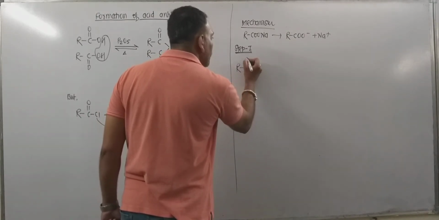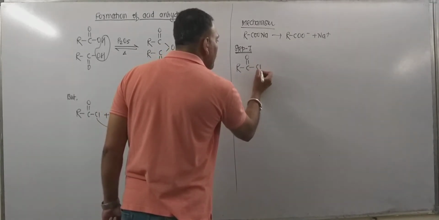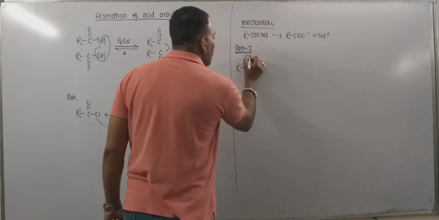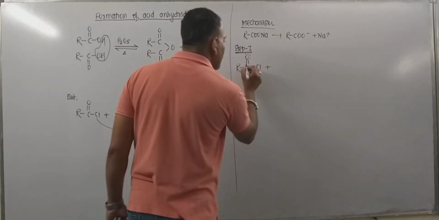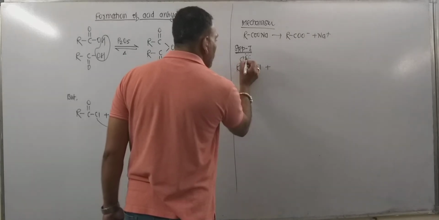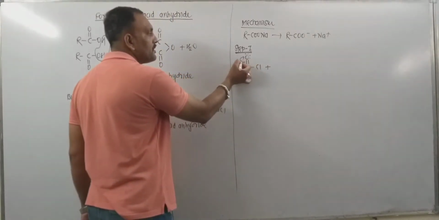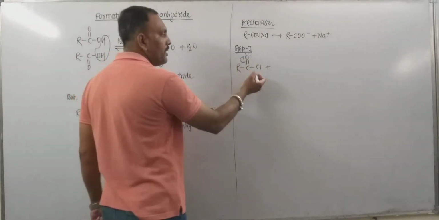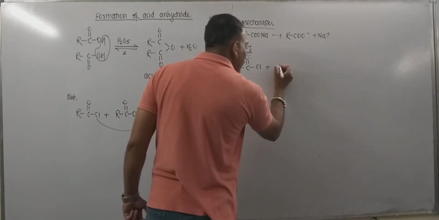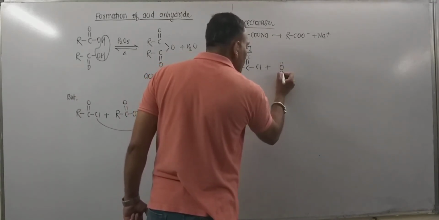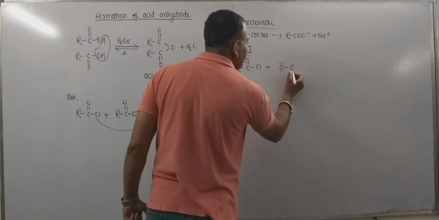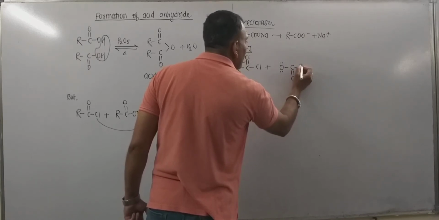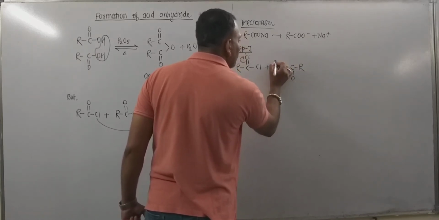So remember, acyl chloride can be given as this, and we know very well that this group is polar. Oxygen is more electronegative, thus attracts electrons, and carbon bears a positive charge. Now at this point what happens? This is a carboxylate anion.